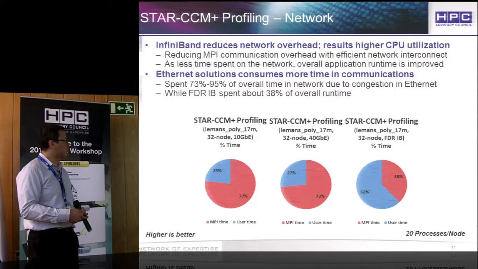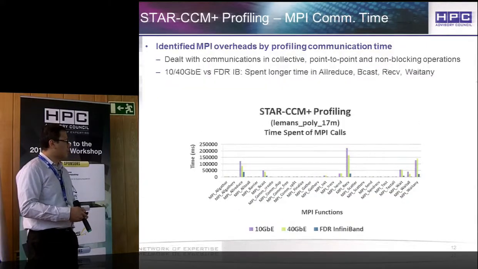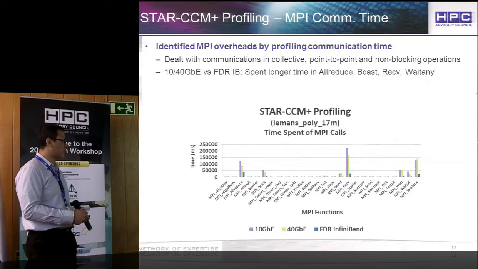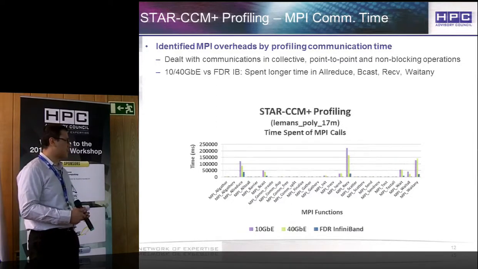So this is good to point out. This graph shows us the MPI profile, by the way. It profiles the amount of time that MPI communication spends on this input data for STAR-CCM.